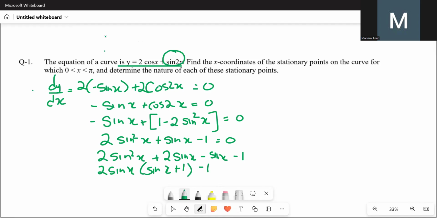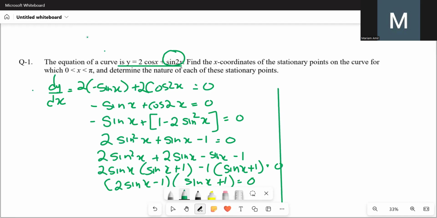Taking negative 1 common, we again get sine x plus 1 equals 0. So 2 sine x minus 1 and sine x plus 1 equals 0, which gives sine x equals negative 1, and sine x equals 1 over 2.